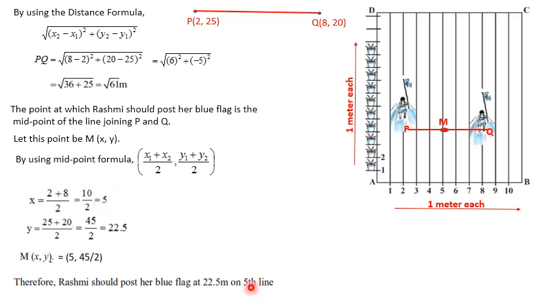That's why we are telling that it is the fifth line, and the distance on AD is the y we have marked. That means y coordinate 22.5 we have got here. So she should post her flag at 22.5 meter on the fifth line.